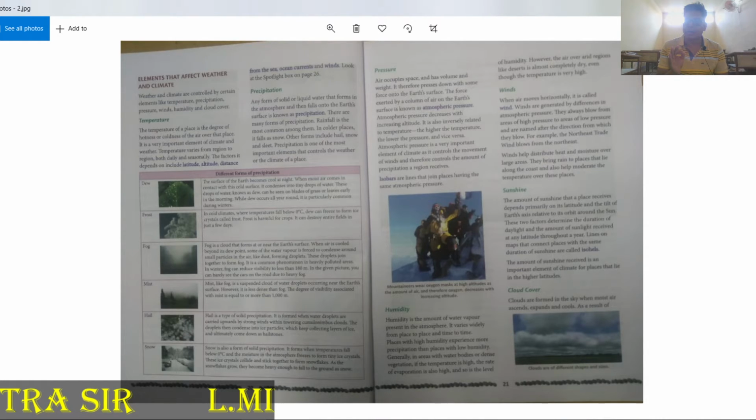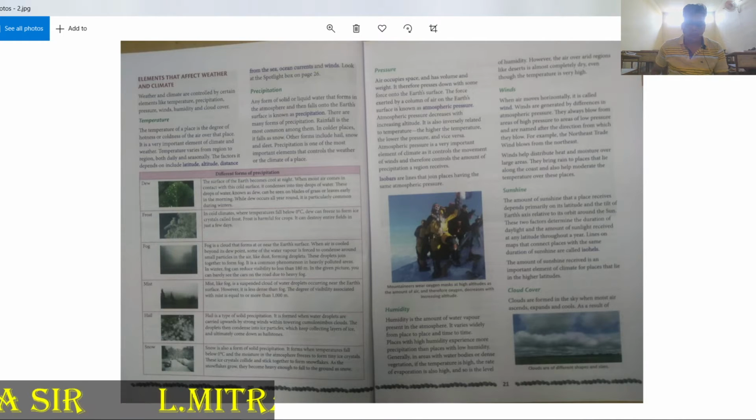So there is a vast difference between precipitation and rainfall. Any type of downfall is known as precipitation, but when this downfall occurs in the form of liquid, it is called rainfall. I think all of you got it.